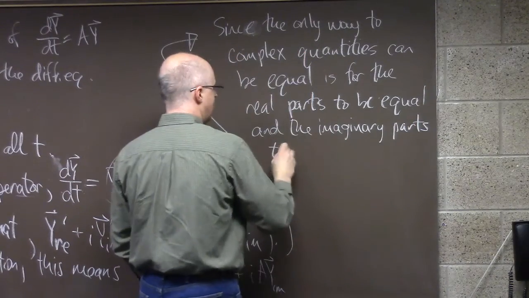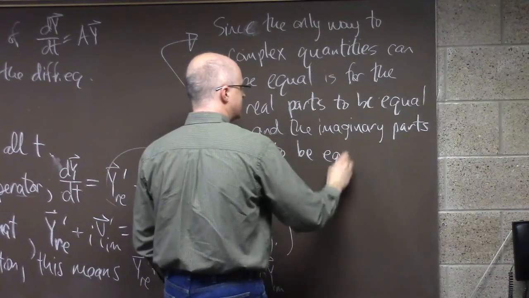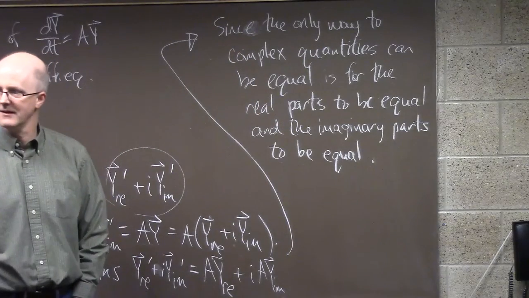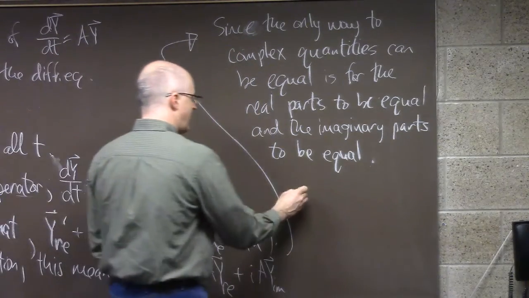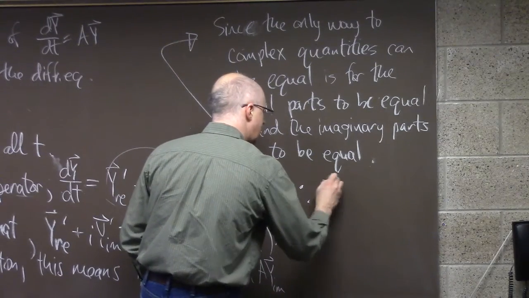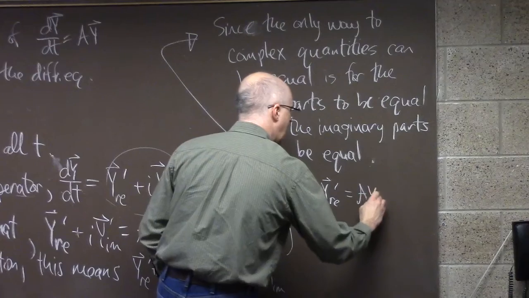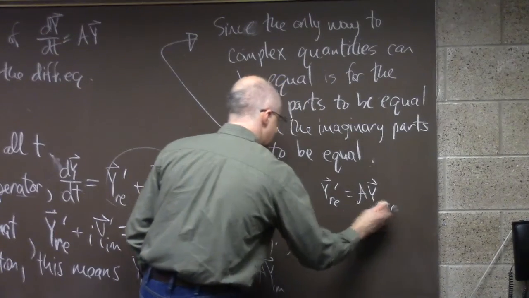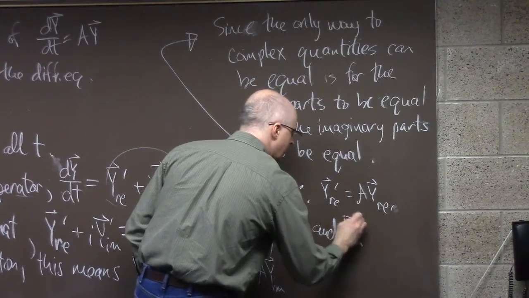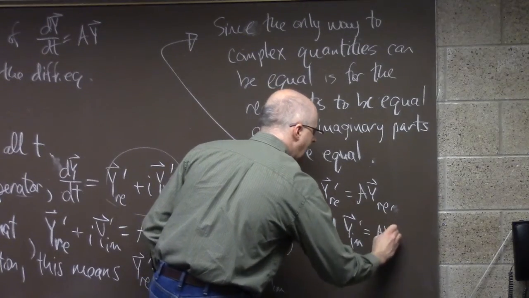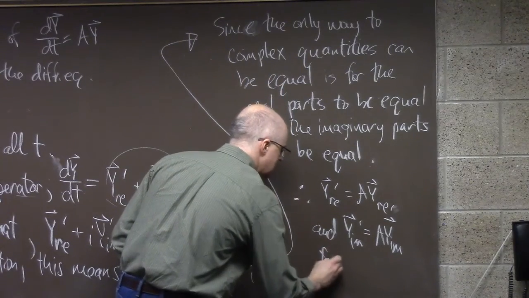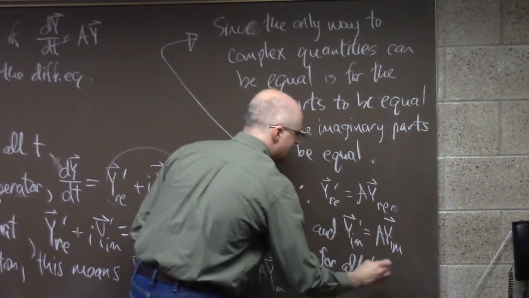That's worth saying, even though it takes 30 seconds to write out, it's worth it. Therefore, do three dots for therefore, Yre prime equals A Yre, and Ym prime equals A Ym for all t, and I'm out of room.